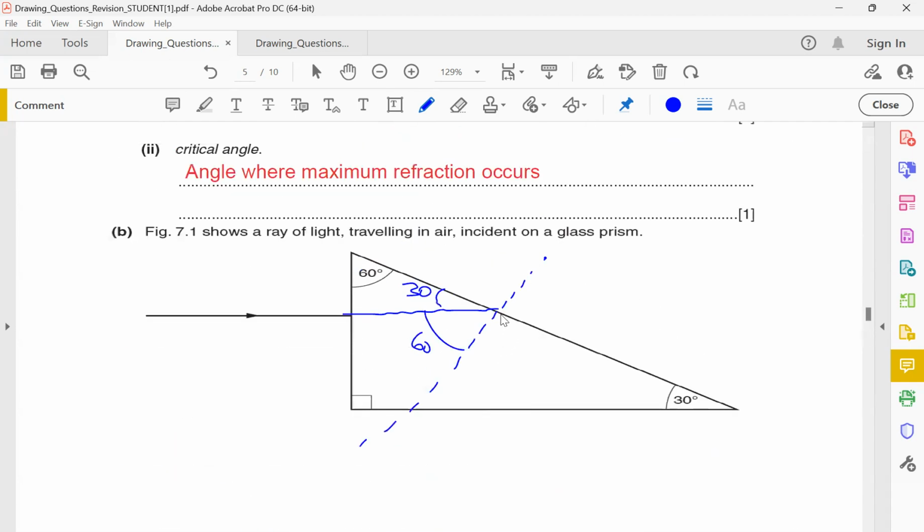So obviously it's going to go through total internal reflection, which is supposed to be another 60 degrees here. And then after that, there's another angle here, where it will bend away from the normal. You're going to have something that looks like this, if you drew it carefully.